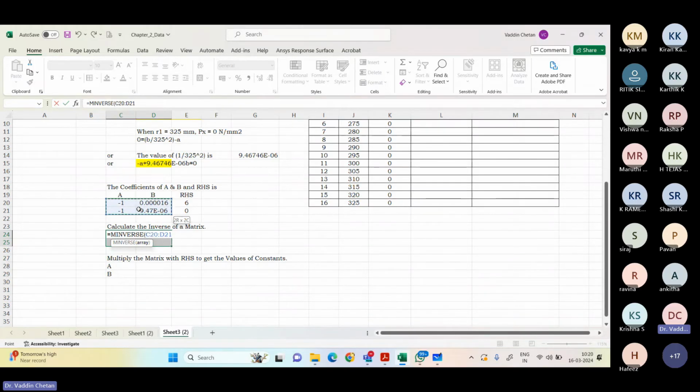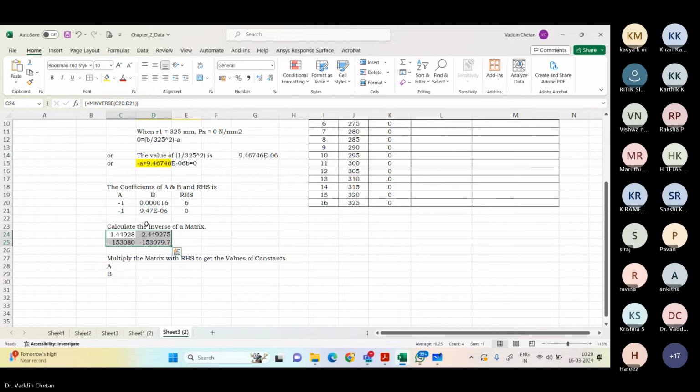You choose this 2 by 2, close it, and press Control Shift Enter. So easily you would have calculated the inverse of a matrix. Once you know the inverse of a matrix, multiply that inverse with the RHS, and you will get the variable constants A and B.